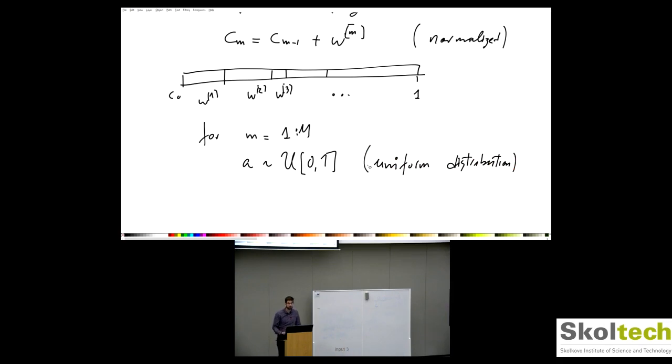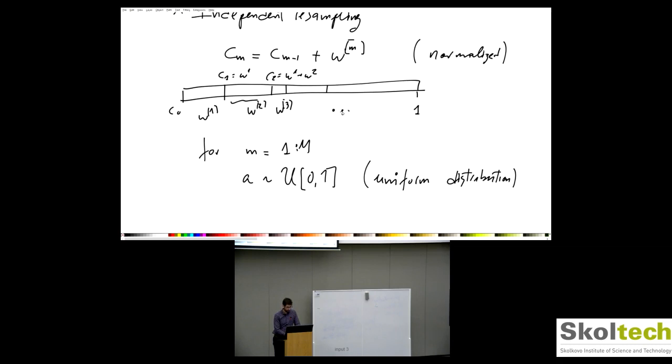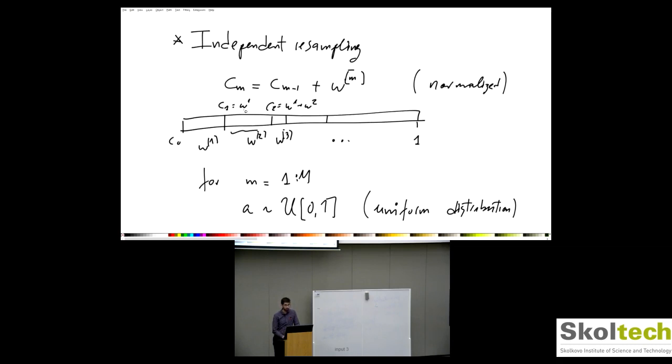Why don't we have the other C_i on this diagram? Because C of 1 equals this, C of 2 equals this, and if you want, you can write it. What I'm drawing here is just the value of the cumulative vector. This is what I said at the beginning: we create this new distribution just with cumulative values of your weights.